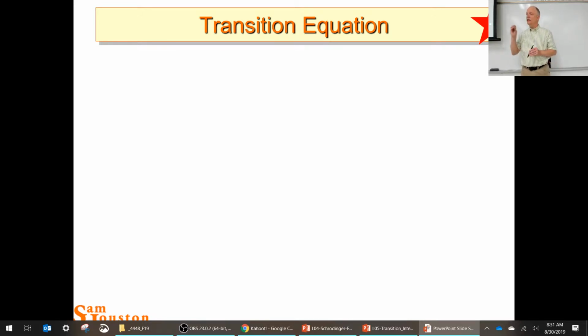So let me simplify that. The transition equation tells you where the peak is on the x-axis, or horizontal axis, in a spectrum.